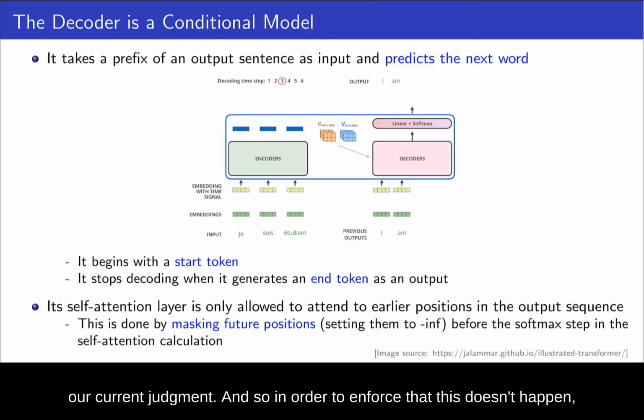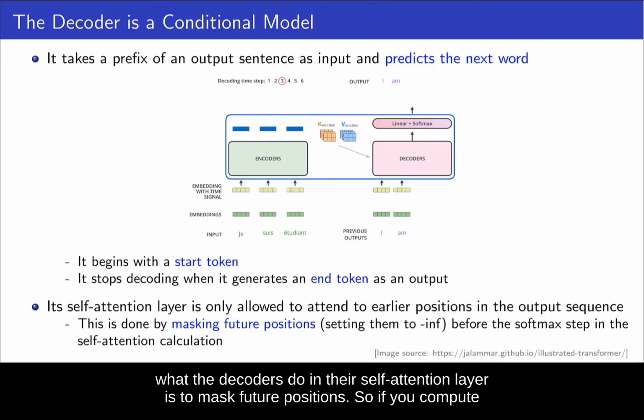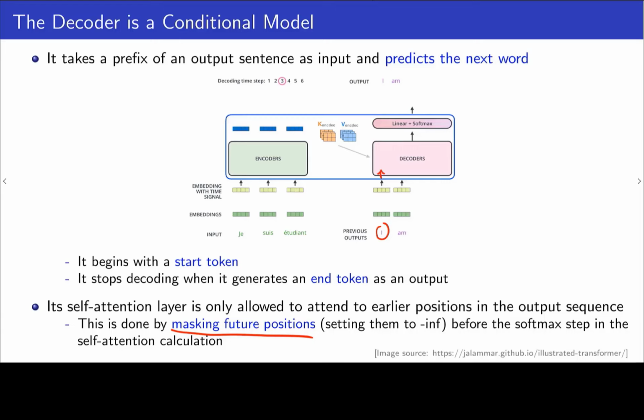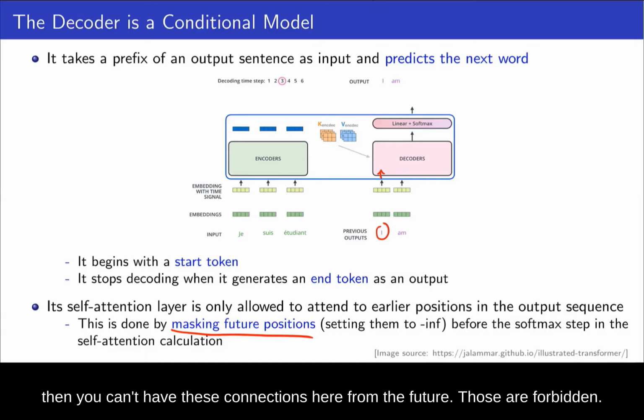And so in order to enforce that this doesn't happen, what the decoders do in their self-attention layer is to mask future positions. So if you compute the self-attention for "I" here, so for this first position, then you can't have these connections here from the future. Those are forbidden.